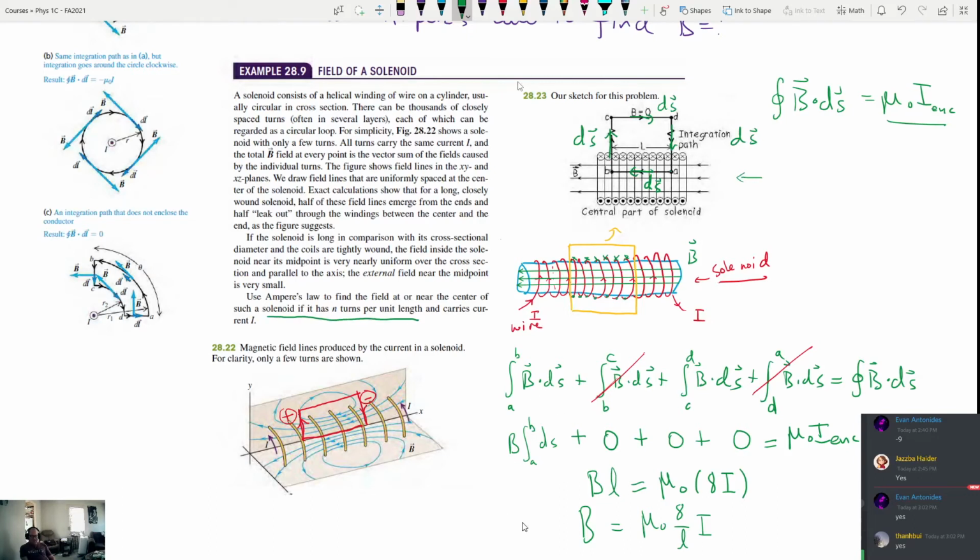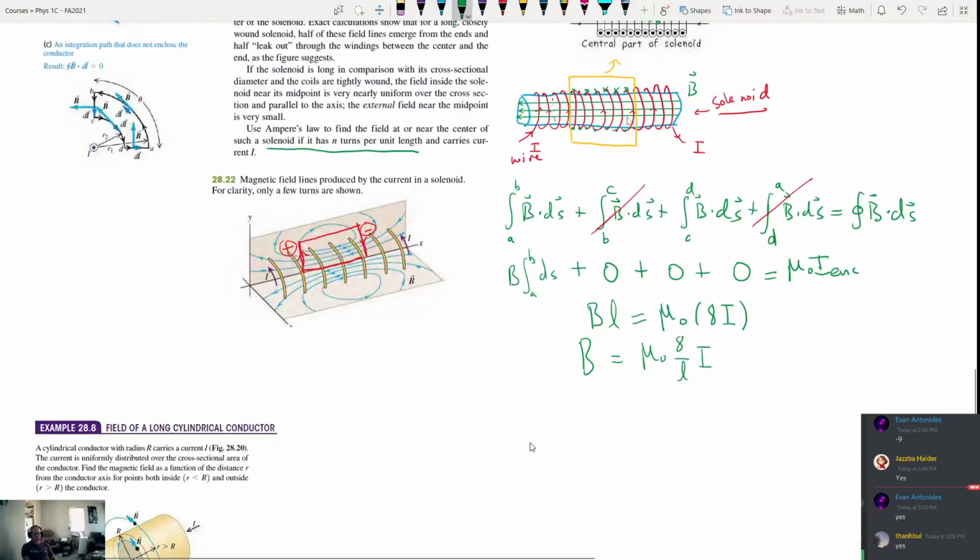So what I'm going to say is that 8 over L could also be written as B is equal to mu naught times the number of turns per unit length times I, which means that if we say that little n is equal to the number of turns per unit length, then the magnetic field is going to be mu naught times little n times I.